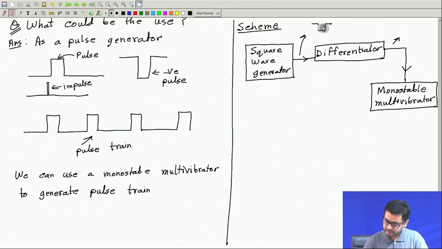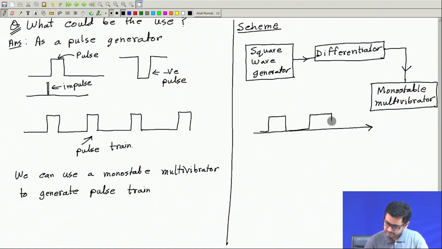Let me draw them on the same axis. Say this is the square wave. If I differentiate this, what I get is 0, because a flat horizontal line has derivative 0.